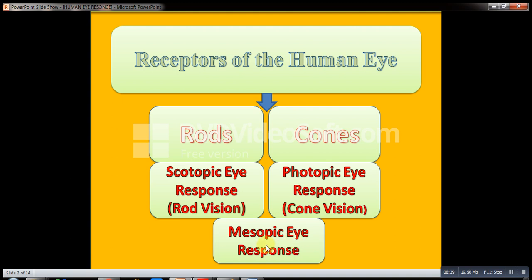Mesopic refers to a range of human vision with both rods and cones active. This means that in the mesopic region, rods and cones act together to make the scene, or to make the eye response.